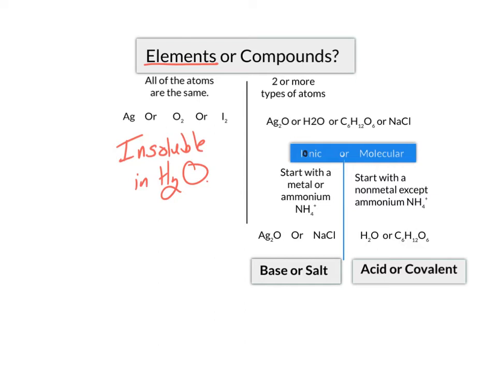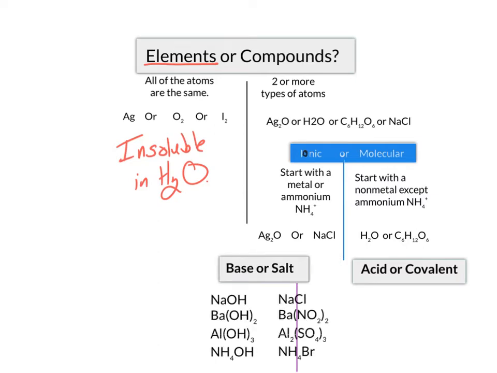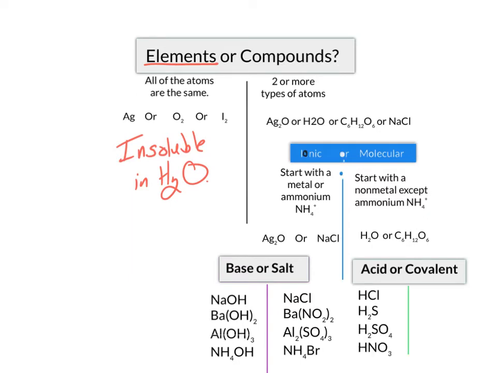And again, this will help us to identify what solubility rule to follow. And recall that bases end with hydroxide, or OH-, whereas salts end with anything else. When we look at the covalent compounds, we see that acids start with H or hydrogen, and covalent compounds start with any nonmetal other than hydrogen.